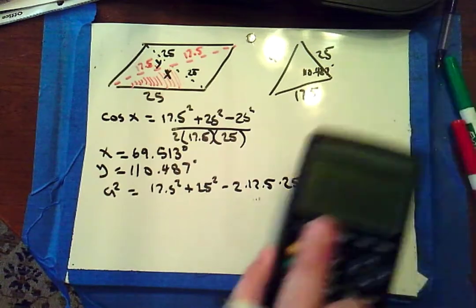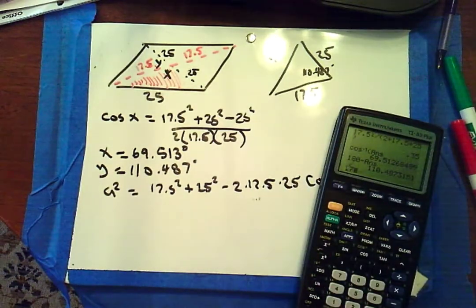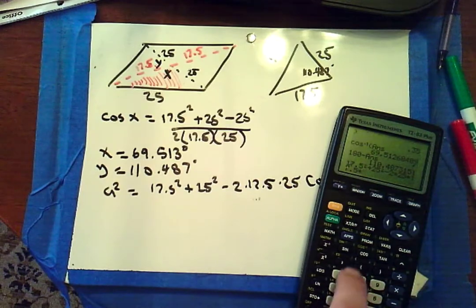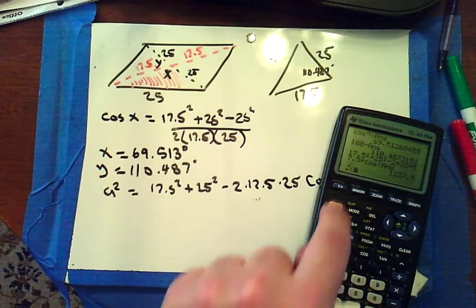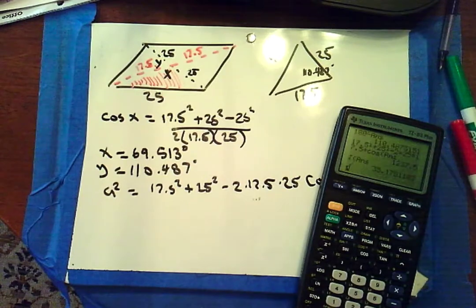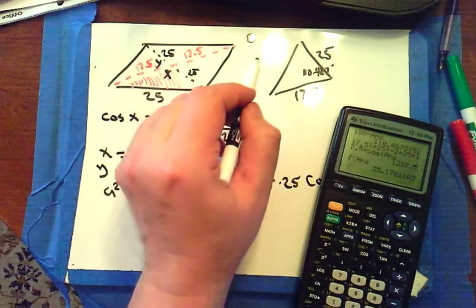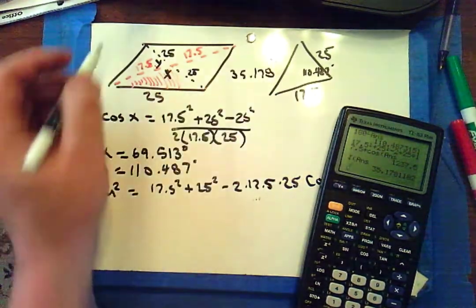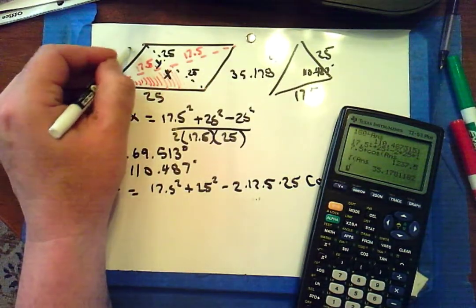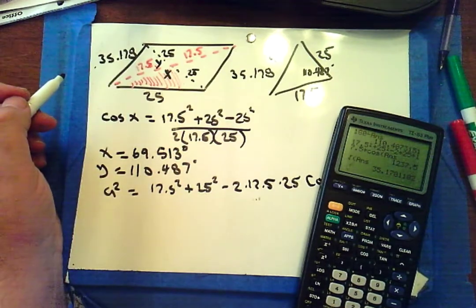Okay, let's compute A then. 17.5 squared plus 25 squared minus 2 times 25 times 17.5 times the cosine of that angle. And don't forget that's what A squared is, so we want the square root of that number. And I get that A is 35.178.